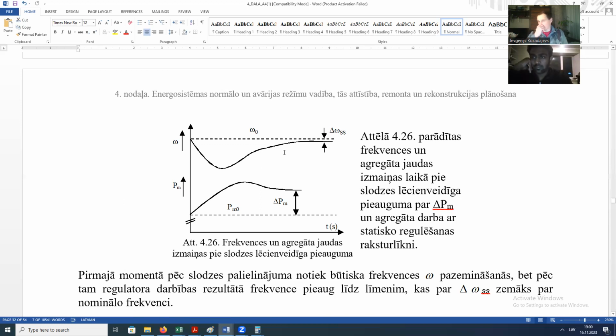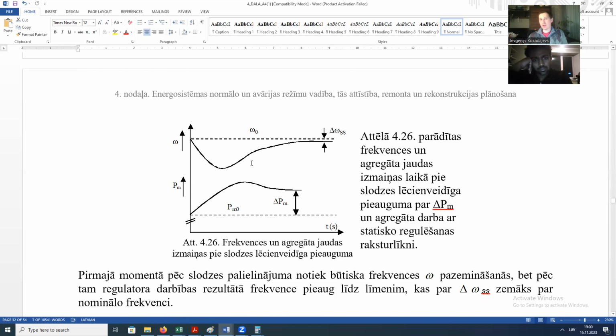What is very important in this curve is that, for example, we have a deficit and we see the frequency decrease. We start to produce more and reach the balance somewhere here.